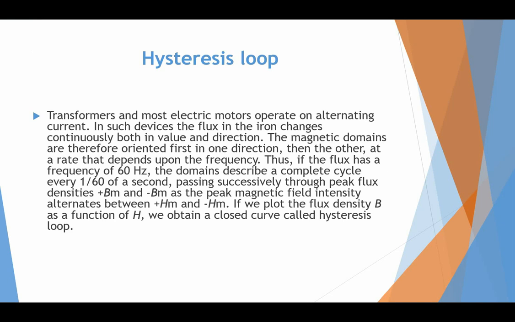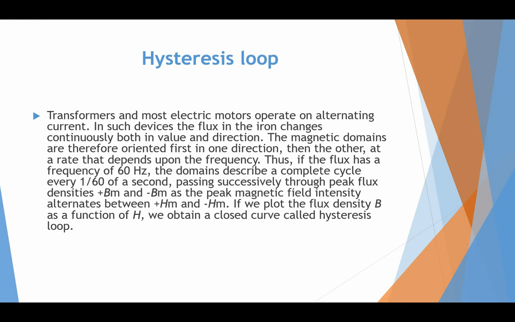Thus, if the flux has a frequency of 60 Hz, the domain describes a complete cycle every 1/60 of a second, passing successively through peak flux density, that is Bm on the positive side, and minus Bm on the negative side, as the peak magnetic field intensity alternates between Hm on the positive side and minus Hm on the negative side.